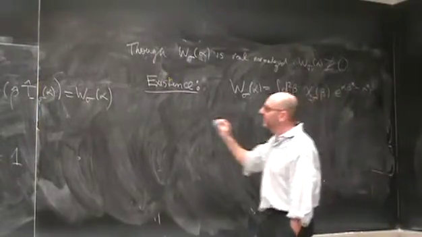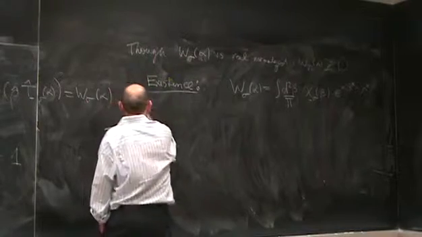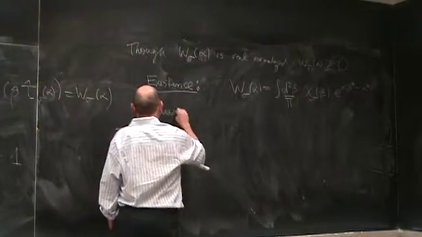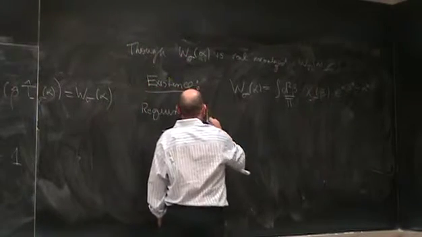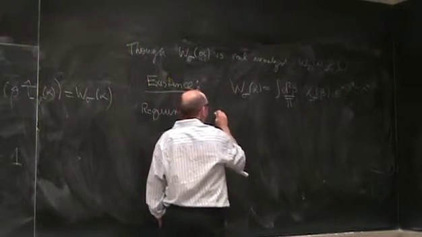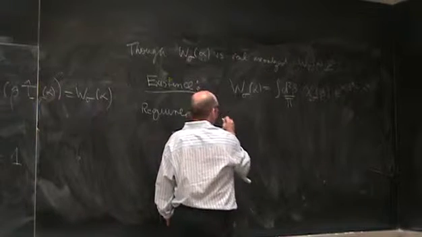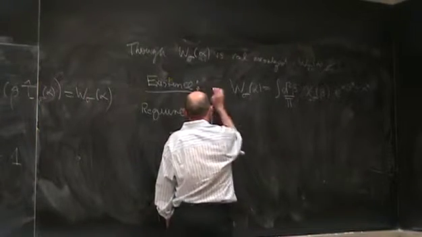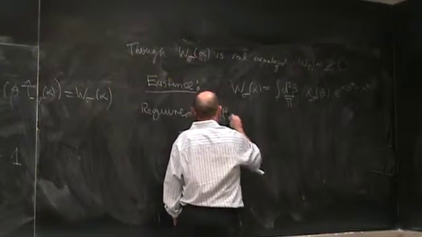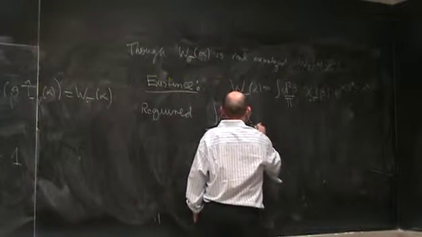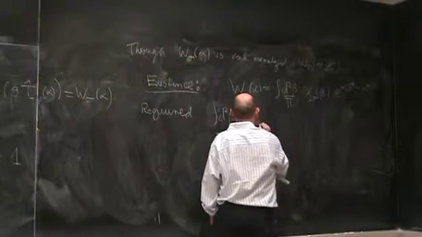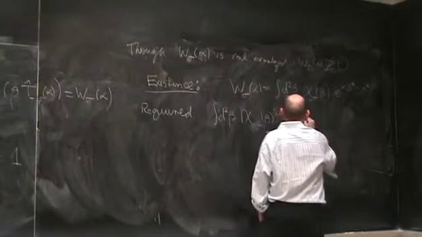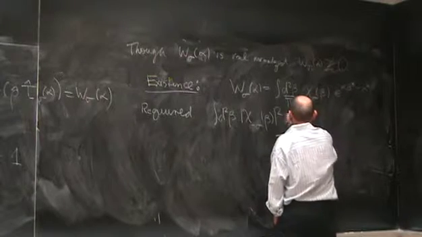So the condition for this is that we require the integral over all space of the quasi-probability distribution squared to be finite.